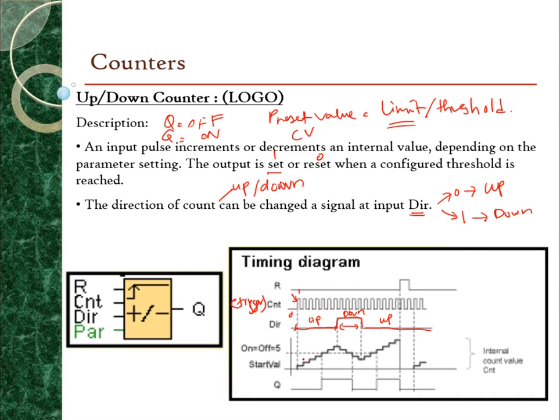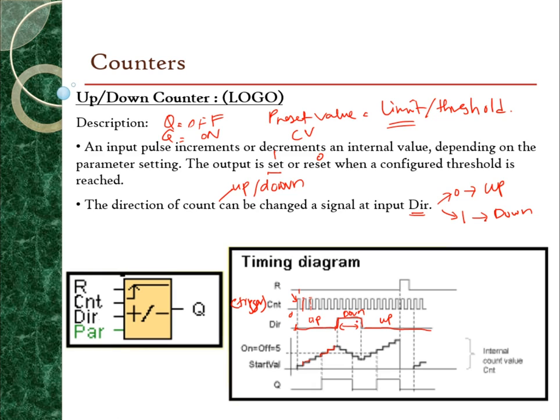When it sees the input trigger has been activated, it will then see the direction of this counter. At this moment, the direction is up, so it will increase by 1 every time it sees the trigger input here in the rising edge mode. It will be increased by 1 until it meets the rising edge of the down counter, which is the direction 0.